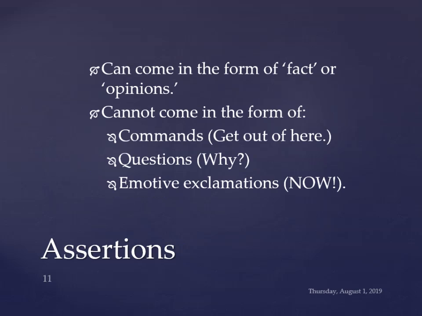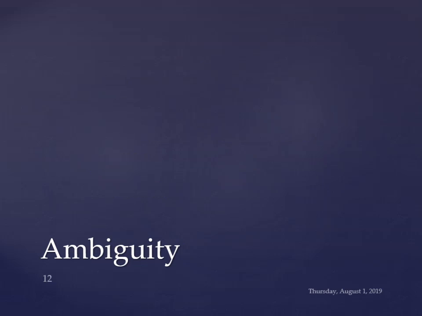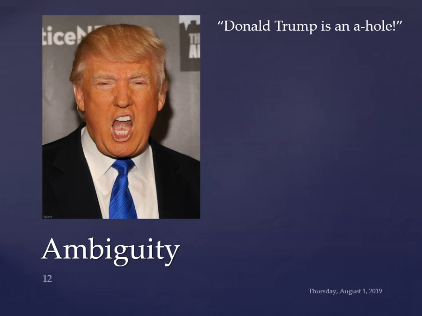What you have to distinguish assertions from are things like commands, questions, and emotive exclamations. Emotive exclamations are kind of funny. They can be kind of ambiguous. So here's something that I sometimes hear in our common day political discourse, that Donald Trump is an a-hole. Now you could analyze that sentence and interpret it as an assertion.